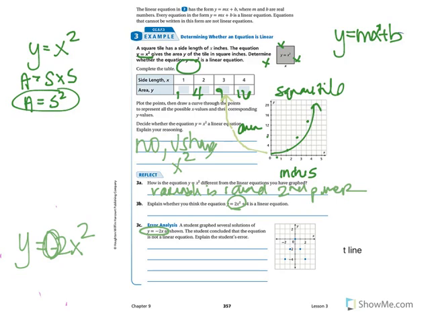But what happened here is that when they plugged in negative 1 and negative 2, they still kept their values as negative. They should be up here when you plug in those negatives, because if it's just raised to the first, that front negative, negative 2 times negative 1, creates positive 2. Negative 2 times negative 2 creates positive 4. So those y values should be up in the second quadrant, not the third quadrant.